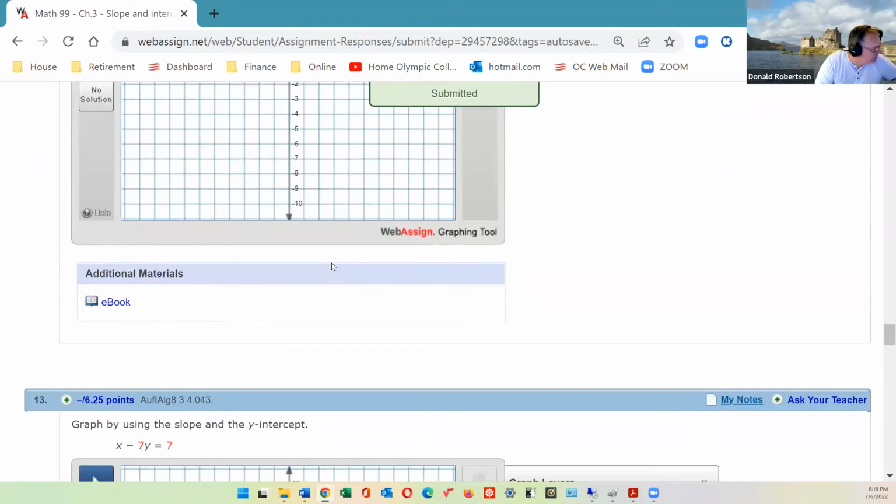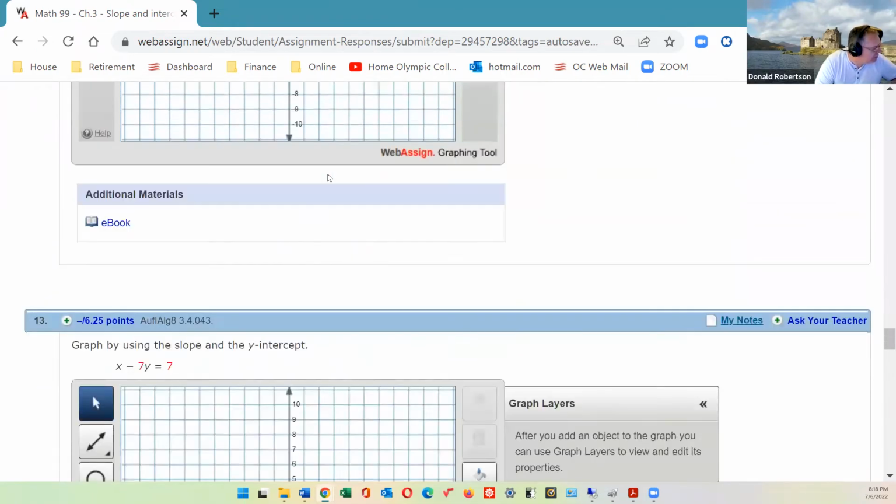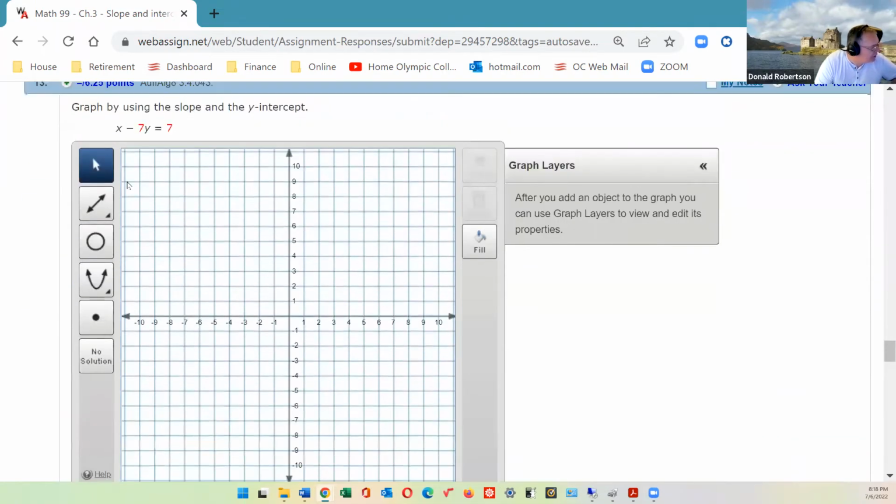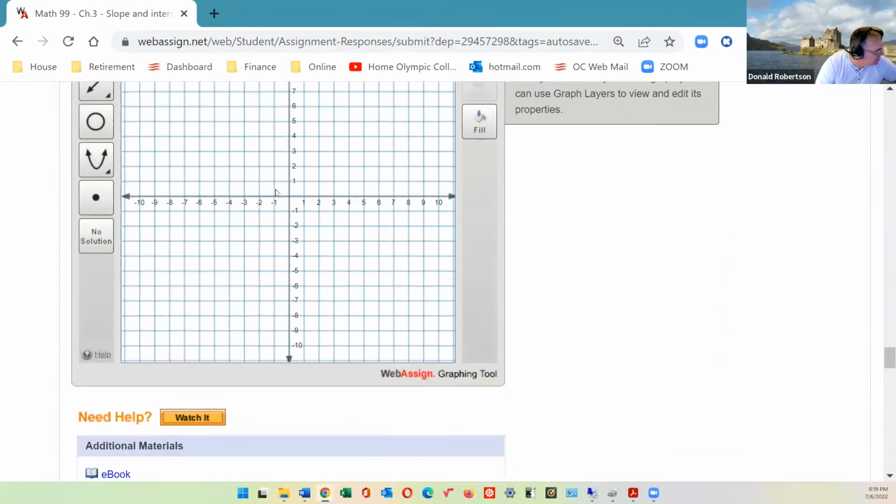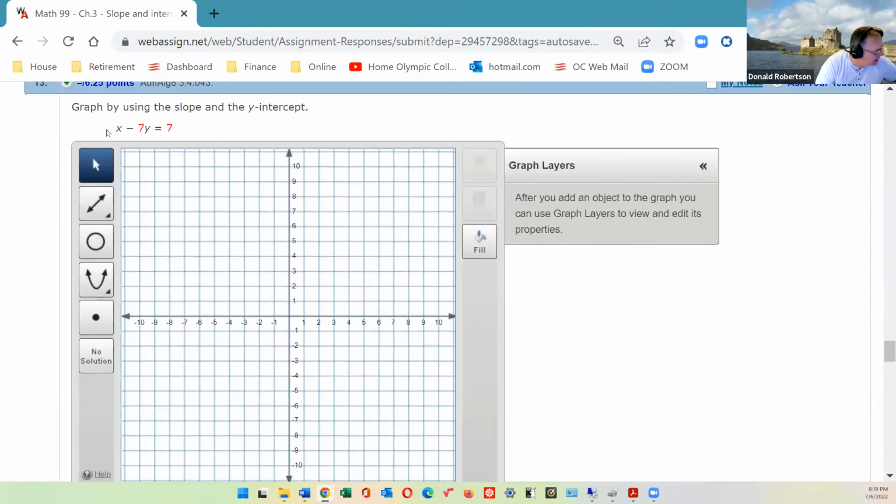Now, the next one, same idea. This one is a little bit different. The equation is not written in the form that we need it to be if we're going to do a sketch of it, right? We're going to graph it. And that's part of what we need to do. I'm going to show in a moment how we tackle that.